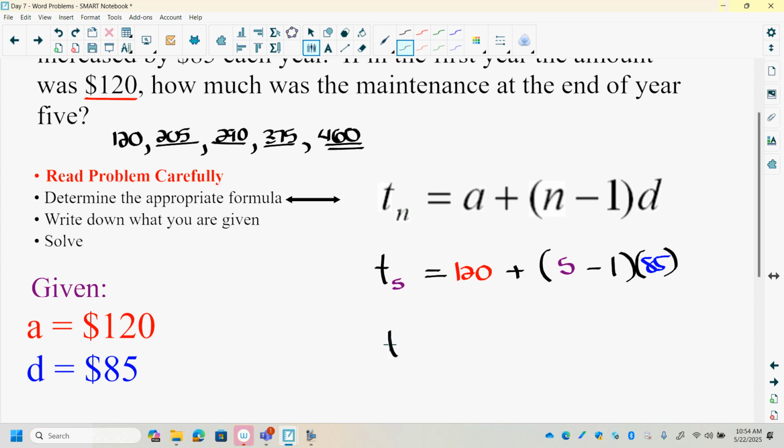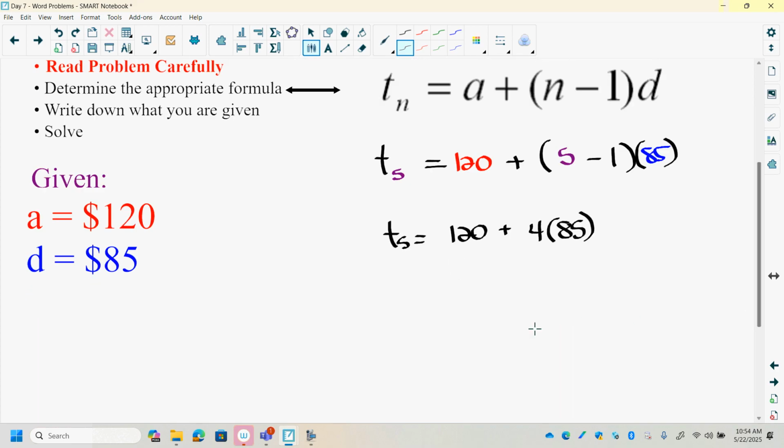Solving this, I would figure out that term 5 is equal to 120 plus 4, do your brackets first, times 85. Then I'm going to multiply. 4 times 85 would be 340. Add 120 and 340 to get 460.